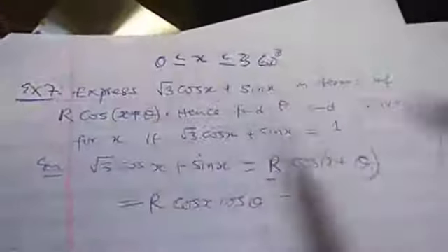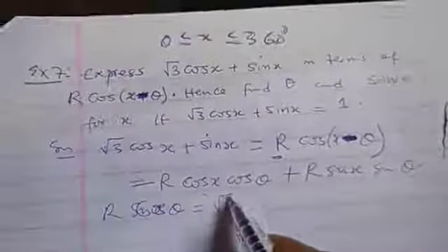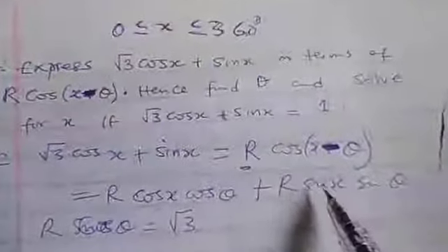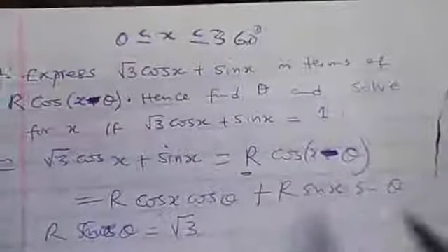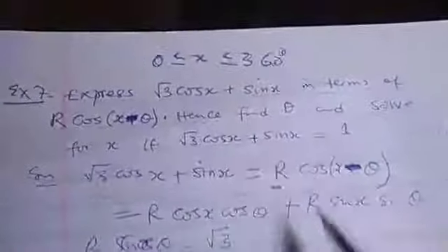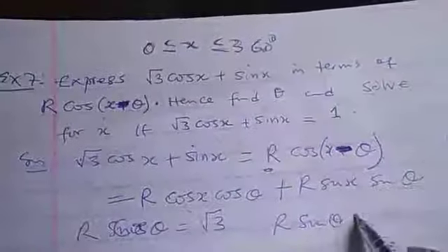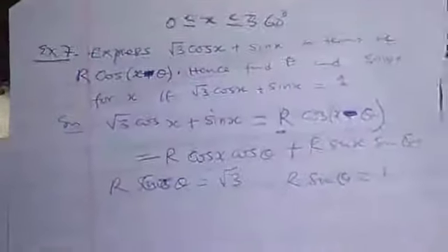So if you compare to the above, the coefficient of cos s here is r cos theta, and that will be square root of 3. Also, if you compare this side, our coefficient of sin s here is 1. So that means r sin theta is equal to 1.